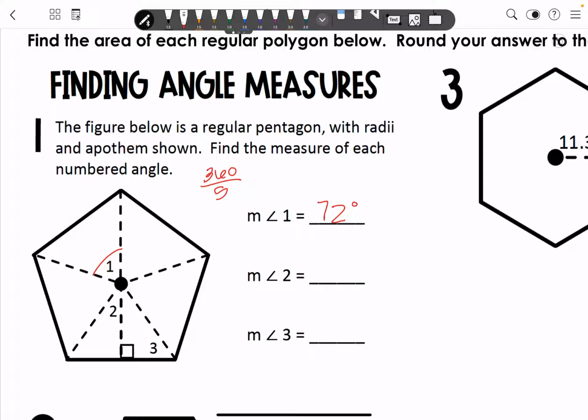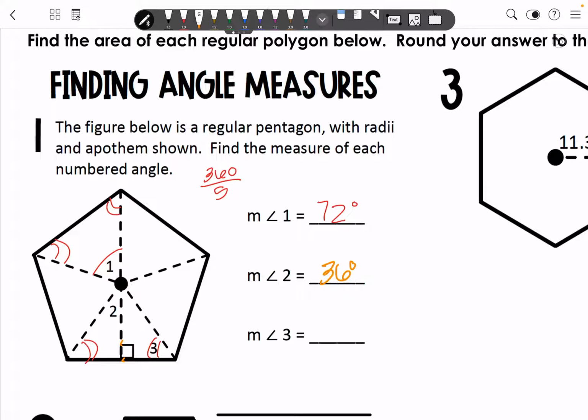Using angle 1, you can also figure out this one, which would be congruent with angle 3. Or you can notice that angle 2 right here, angle 2 and this adjacent angle, those are both congruent. They've been bisected by our apothem, which means we can just do 72 divided by 2, and that gets us 36 degrees.